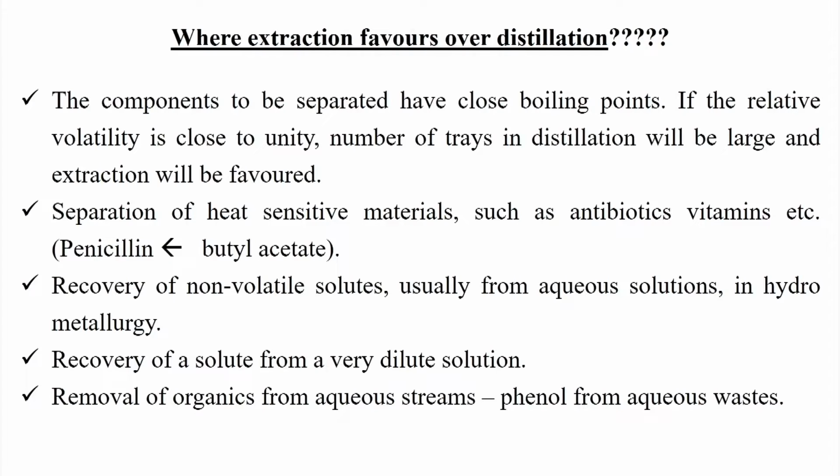If the relative volatilities are also close to unity, then the number of trays in the distillation column will be very large, and extraction will be favored over distillation. Sometimes heat sensitive materials need to be separated, like antibiotics and vitamins, and then extraction is used instead of the distillation process.